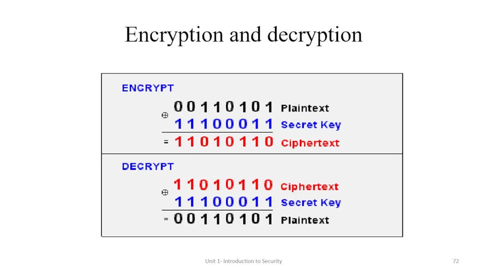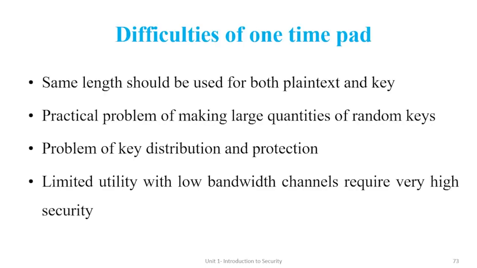So it is one of the reasons for choosing one-time pad as the best encryption technique. The difficulty is that the same length should be used for both plain text and key. So for that, there is a need of adjusting the plain text bits or the key bits. So it is not considered a perfect one.